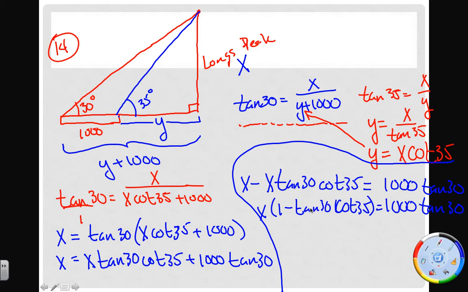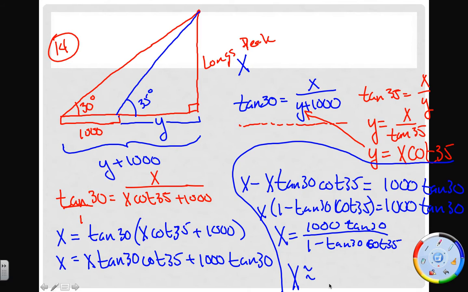You guys, I hope you've been paying attention here. Tangent of 30 is just a number. Cotangent of 35 is just a number. That means I have x times a number. And I can say, okay, well, that means x is 1,000 times the tangent of 30 over 1 minus tangent 30 cotangent 35. And this would just be a plug into your calculator to find an estimate.